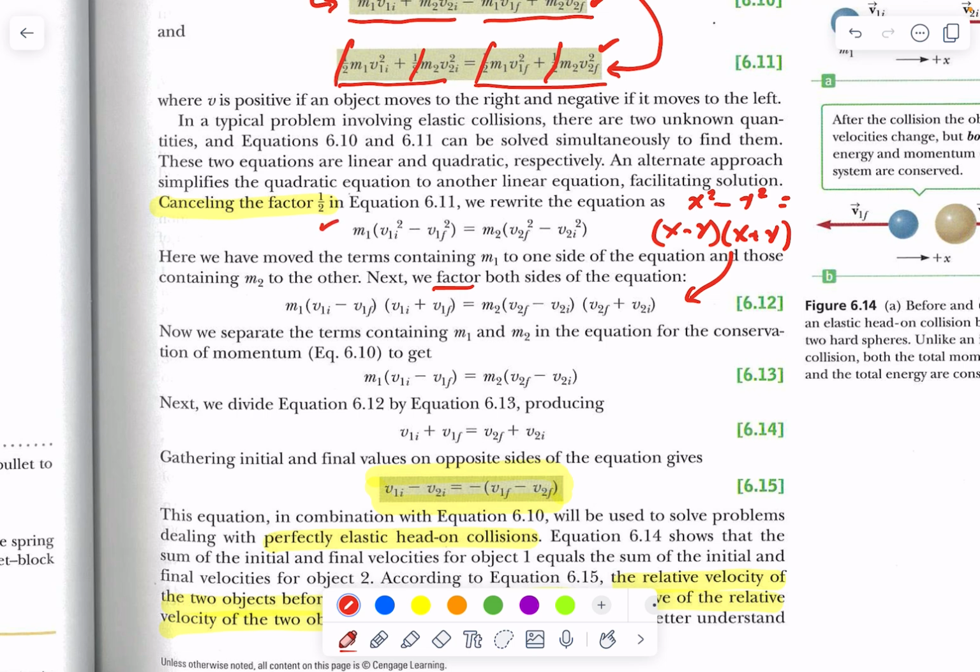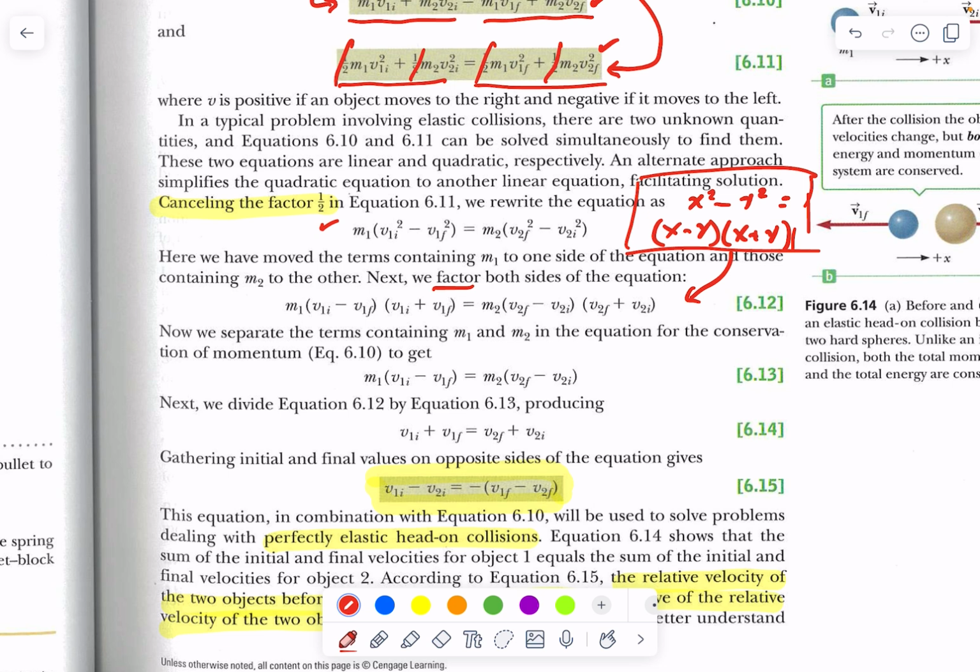And if you remember this from 9th grade or 8th grade algebra, x squared minus y squared, when you factor that, you get the factor x minus y times the factor x plus y. And that's what we get in equation 6.12.